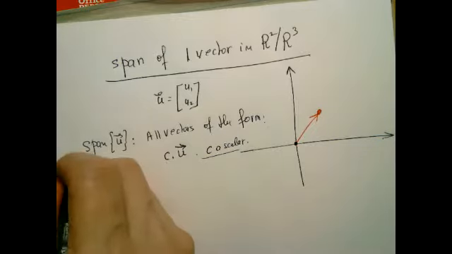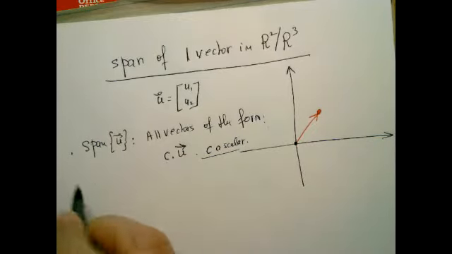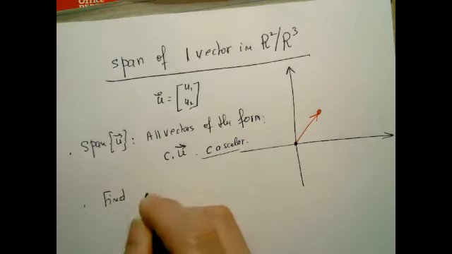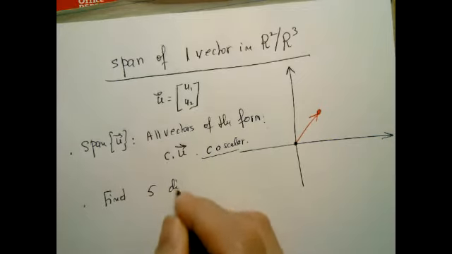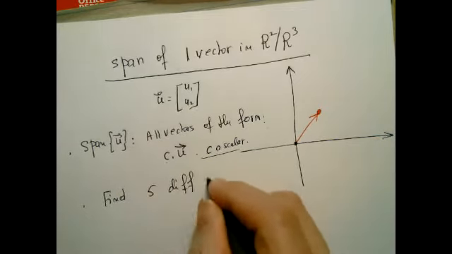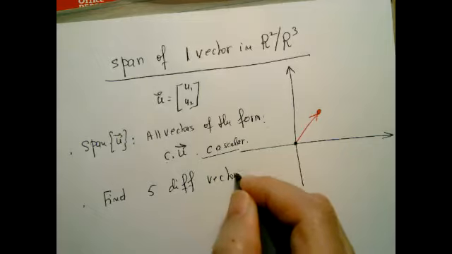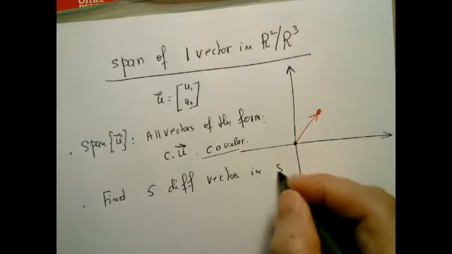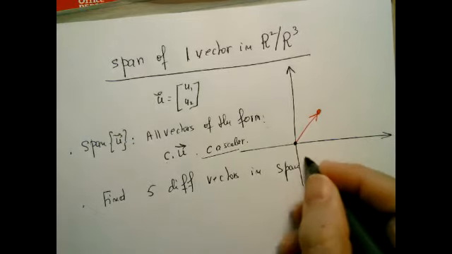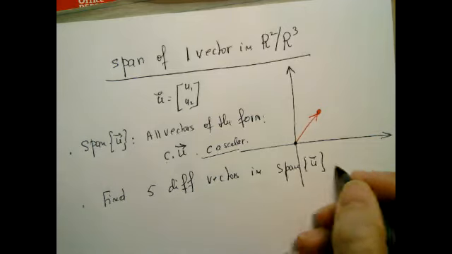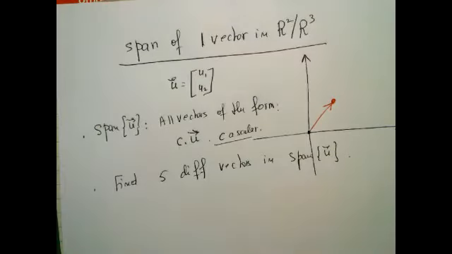So if I ask, for example, let us find 5 different vectors in the span of U. Okay. So what do I mean by that? Simple.